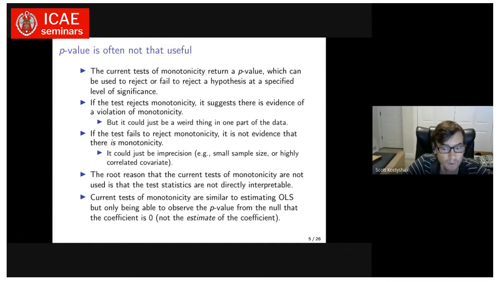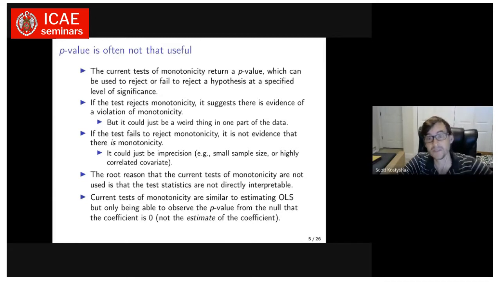Now just to make an analogy to OLS, imagine you run OLS in R or Stata or Python, and the result when you type in your regression is that it gives you back just a p-value that the true coefficient is equal to 0.